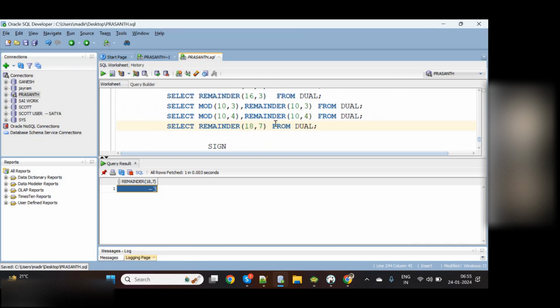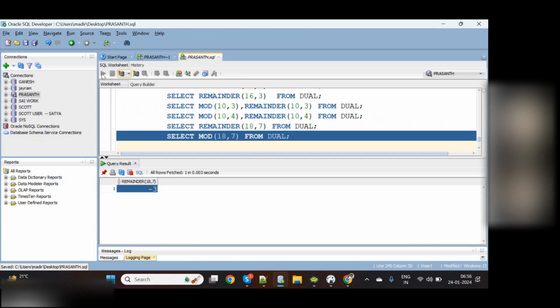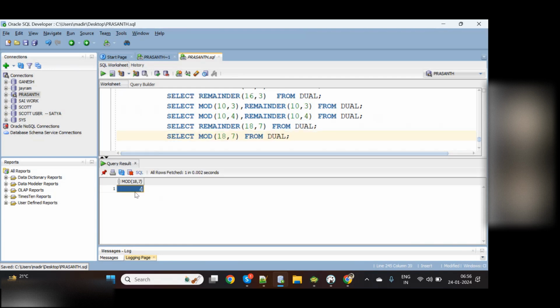So that's why, instead of remainder, in databases we follow mod only. Sometimes remainder picks the nearest element and gives the remainder. If I use mod here, now I get the correct picture: 4 is correct, because 7 twos are 14 and the remainder is 4.